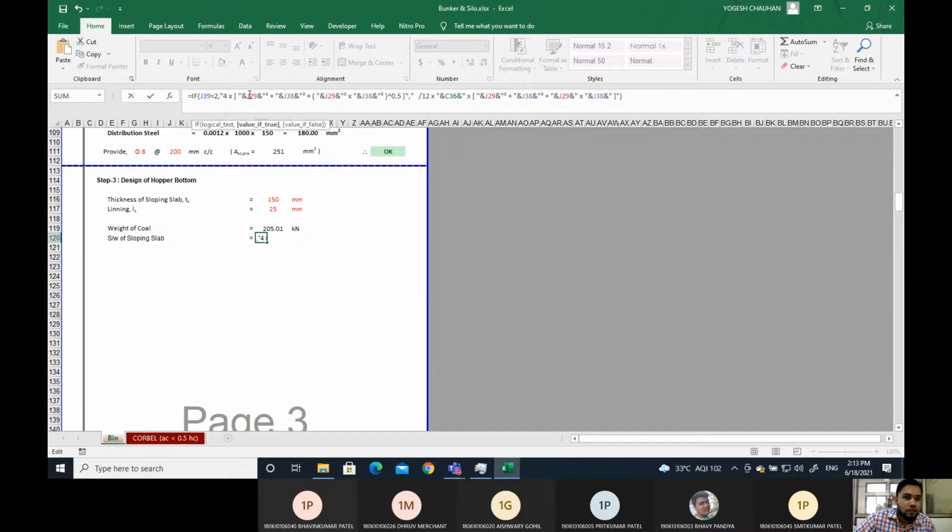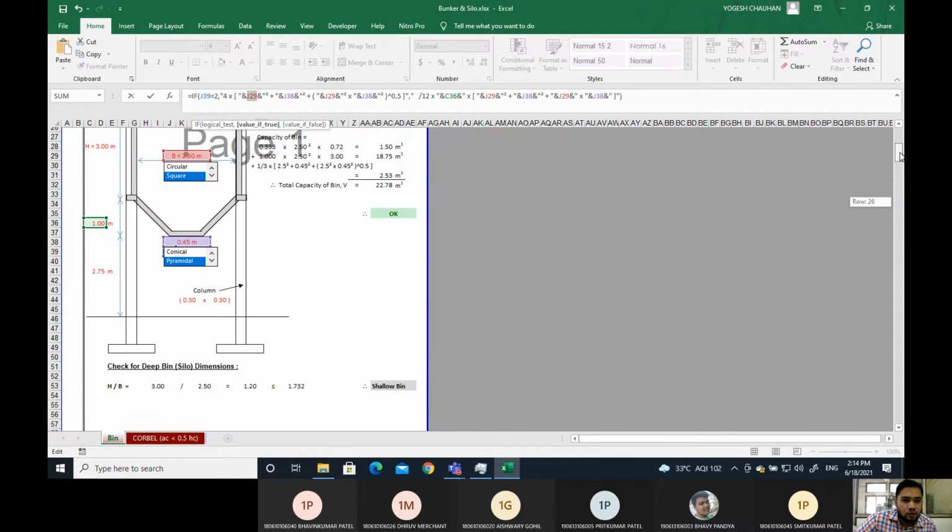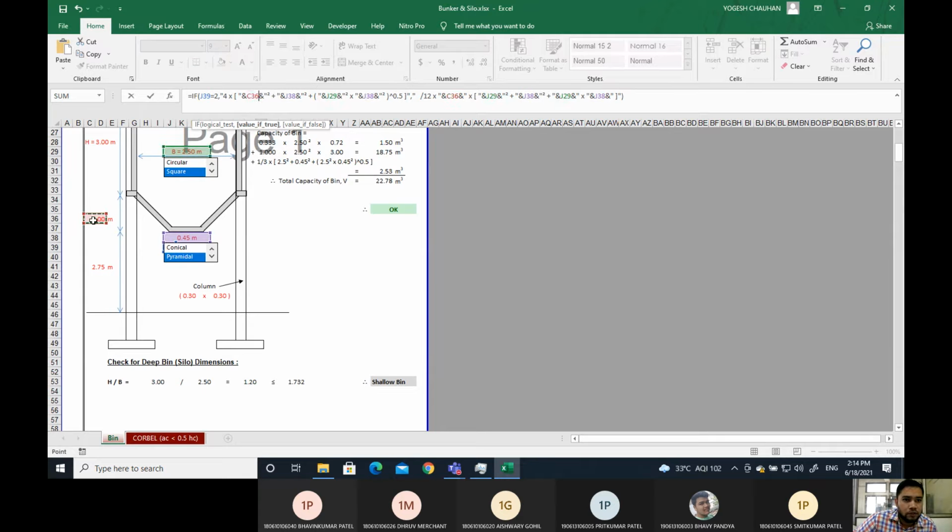So 4 times square root of this 1 square, C39 plus this 1 point, that will be 2.5 minus 0.45 by 2, and another one will be, this part will be deleted.